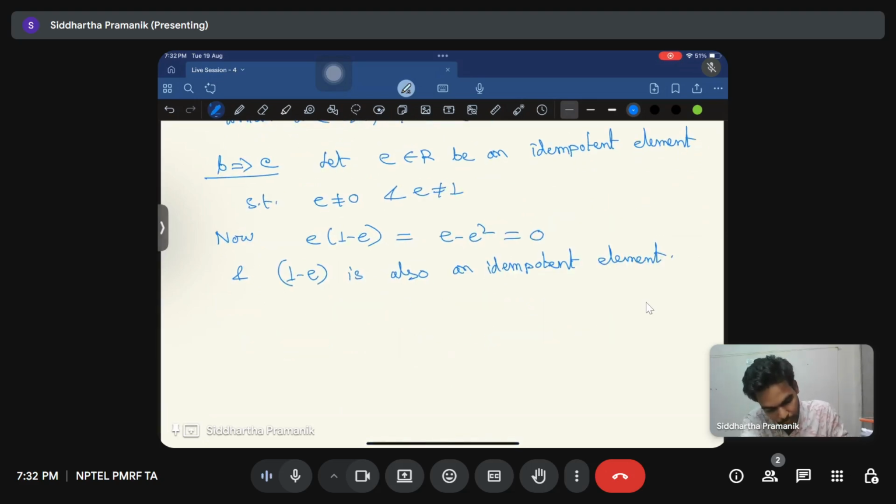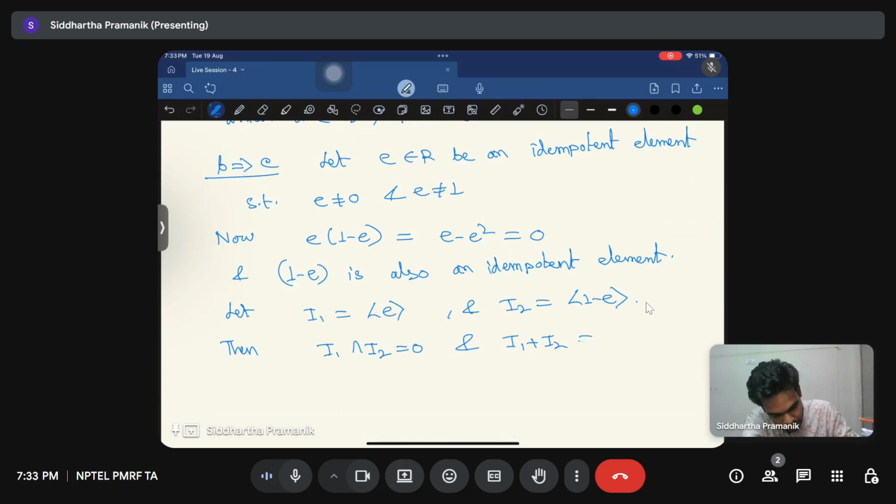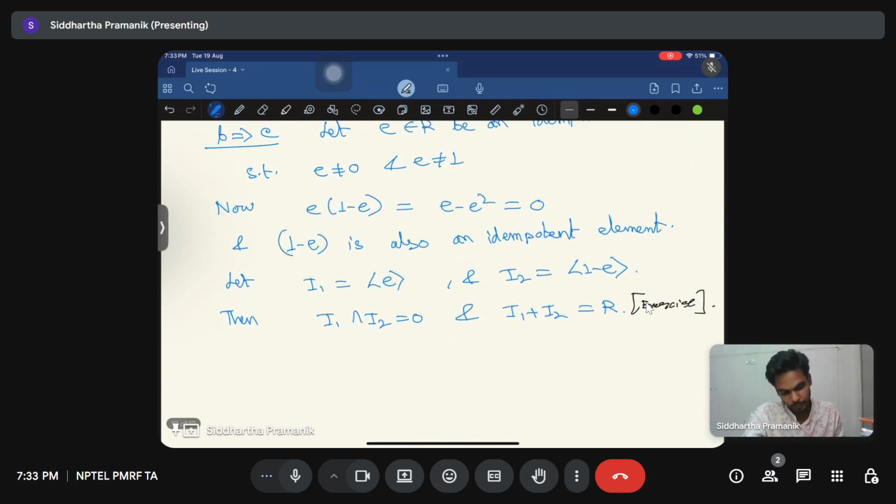Okay, so we have got two idempotent elements. Now let I1 be the ideal generated by e and I2 be the ideal generated by 1 minus e. Then you can check that I1 intersection I2 is 0 and I1 plus I2 is the whole ring. These are very trivial facts for you to check.